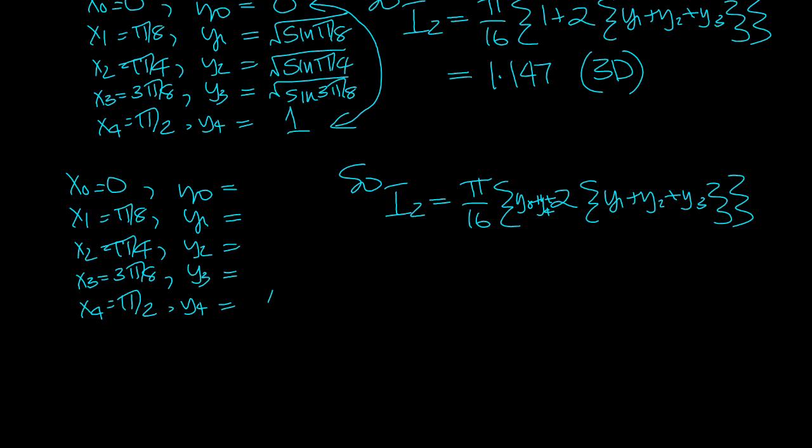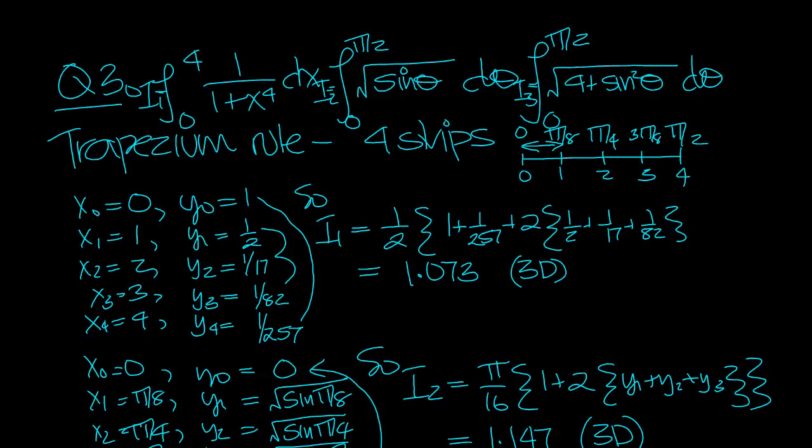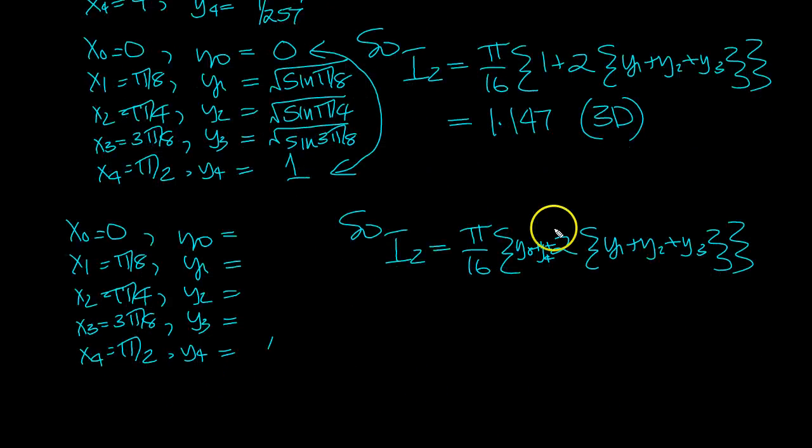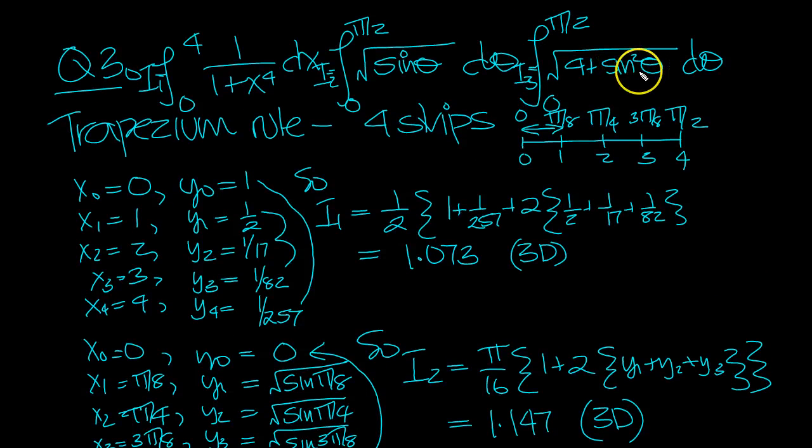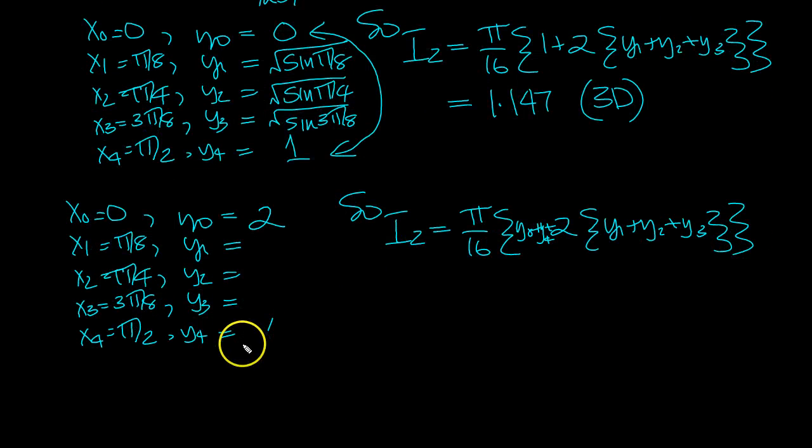So y0 then, put 0 in here. Sine 0 is 0. Square root of 4 is 2. So you've got 2. Put in pi over 2 because that's easy as well. And we got sine of pi over 2 is 1. 1 squared is 1. So that's root 5. Now 1, 2, 3.